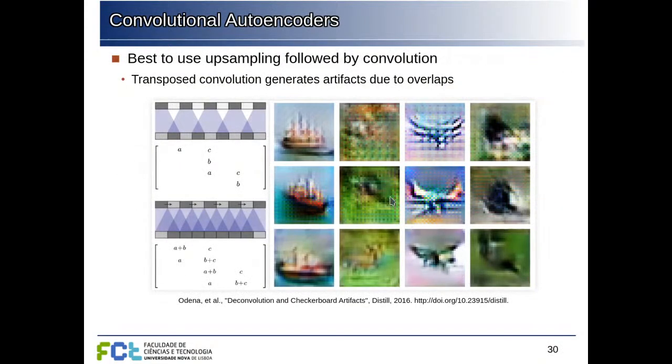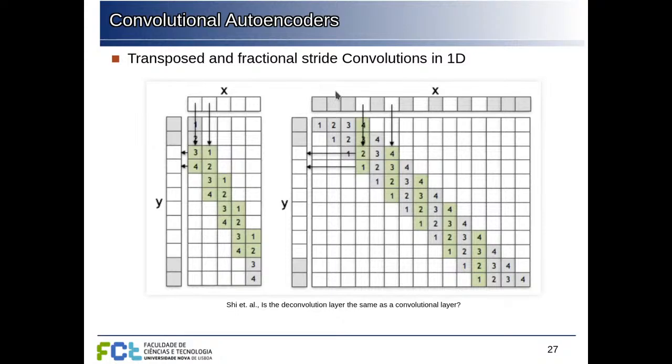and the one that avoids some types of artifacts that you can have with transposed and fractional stride convolutions because of the way the kernels overlap. So in this case, in transposed convolution, we have some kinds of overlaps here that are not quite the same as the ones here. So in different positions of the output, we are looking at different sums of different parts of the kernel.